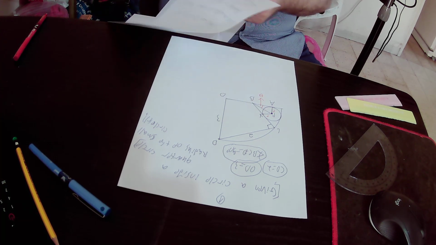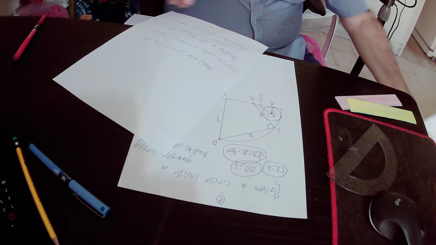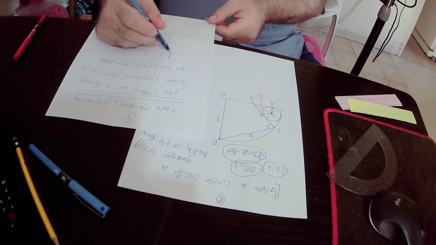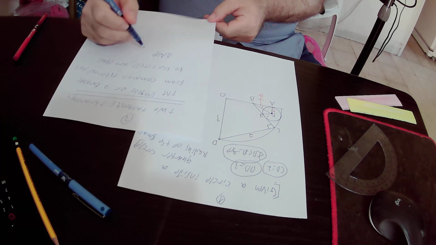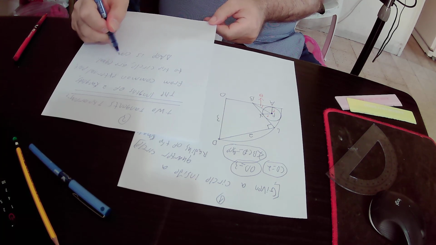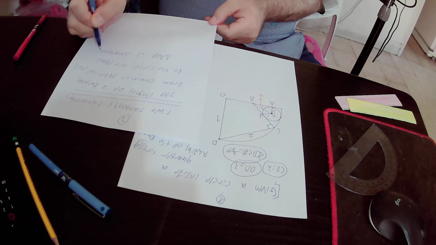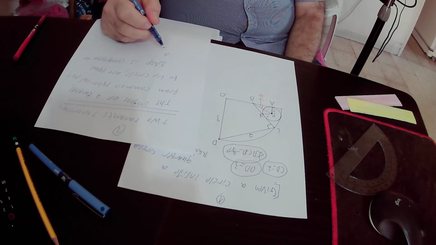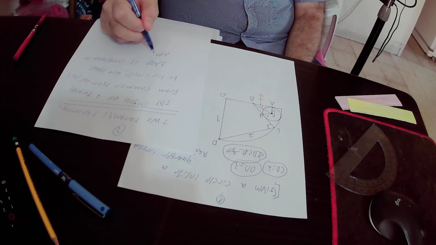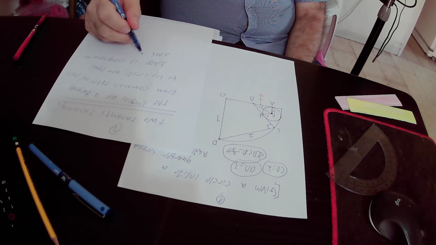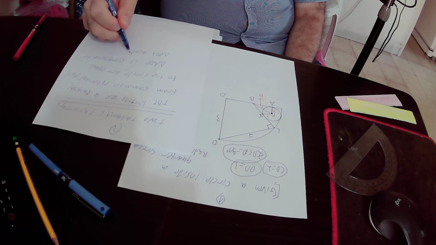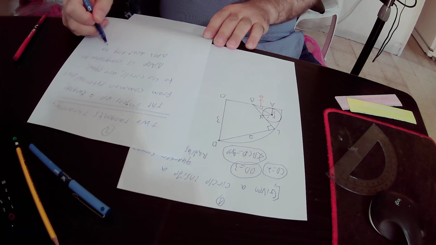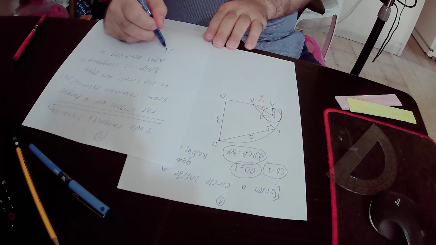Therefore, triangle ABP is congruent to triangle PBX according to the side rule.